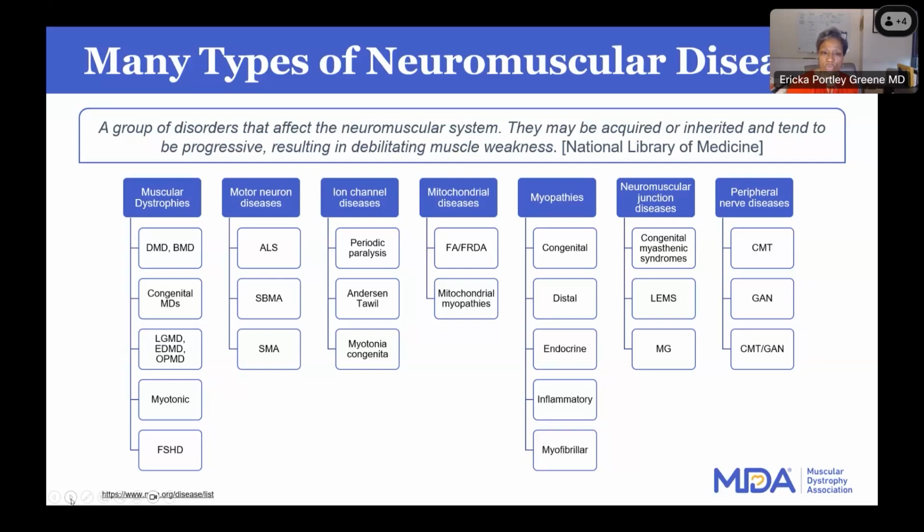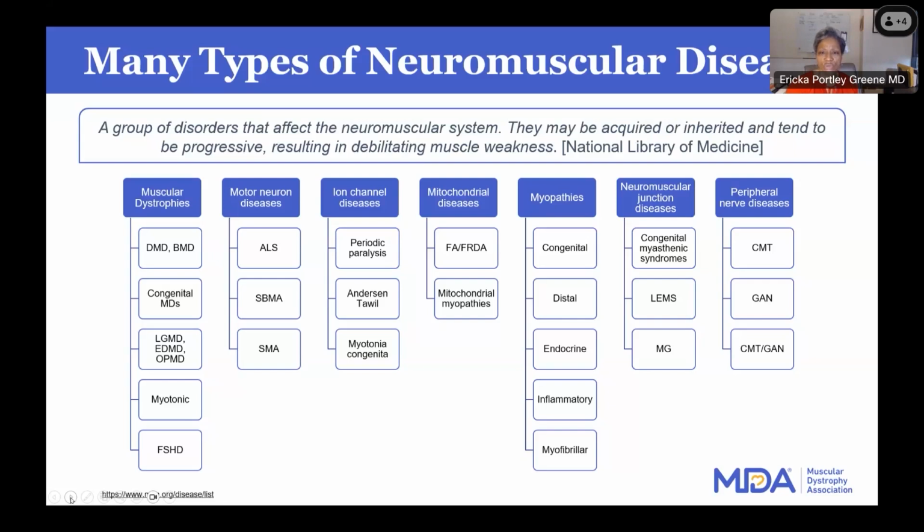When we talk about motor neuron disease, we're talking about the cells which are pure motor and navigate the motor function within the spinal cord and the brain. The most common that we see is, of course, amyotrophic lateral sclerosis, Lou Gehrig's disease, spinal bulbar muscular atrophy or Kennedy's disease, or spinal muscular atrophy, SMA.